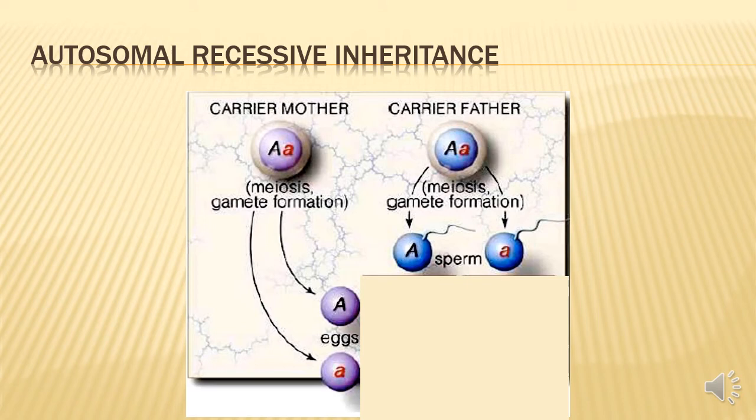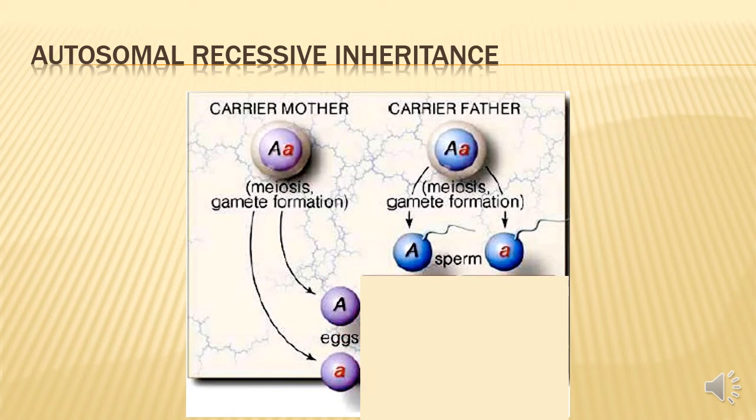In this example, both parents are healthy carriers. That means both of them will have capital A, small a genotype. As shown here, the oocytes produced by this mother will have either capital A allele or small a allele.